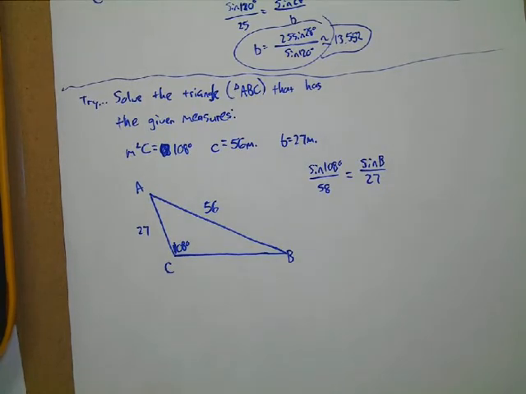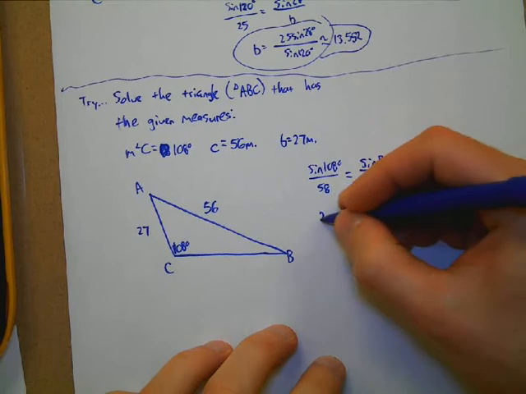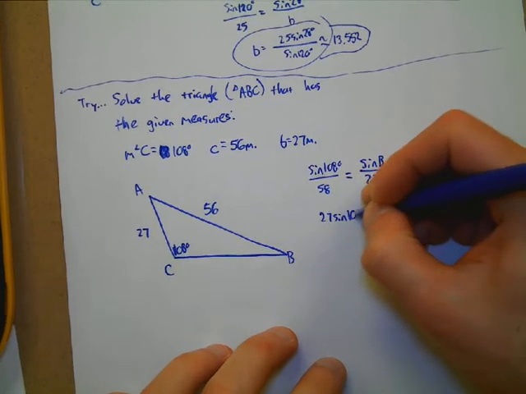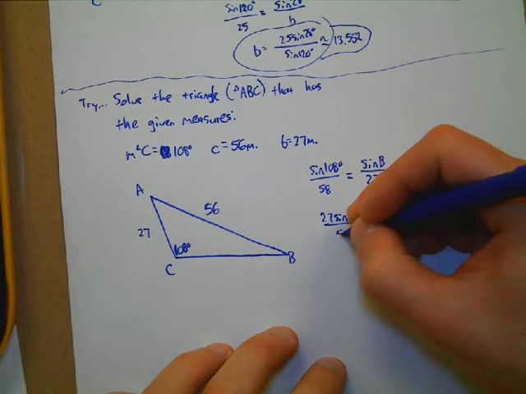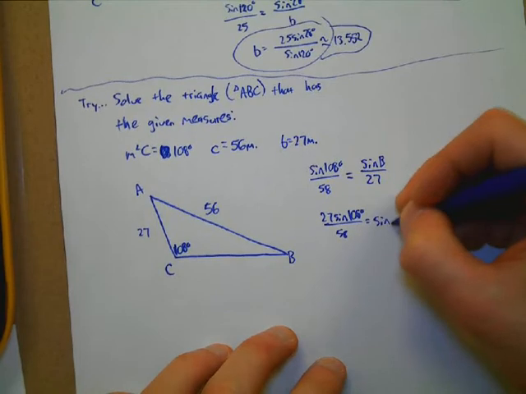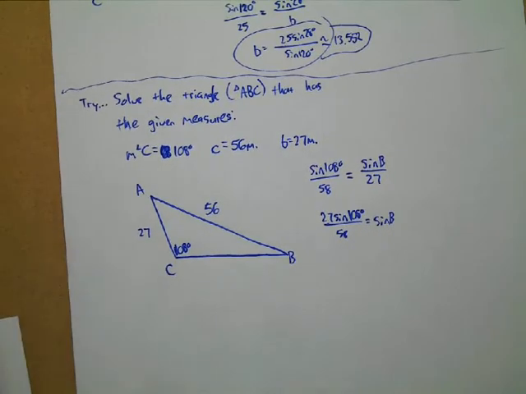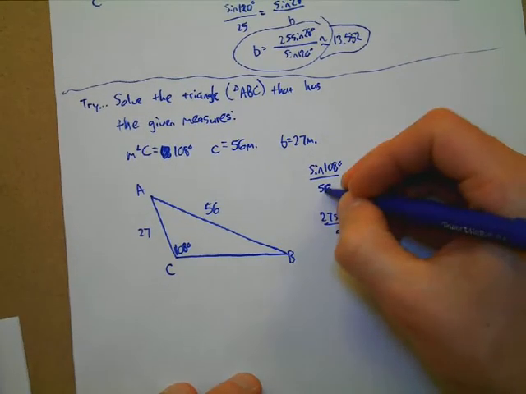Okay, so now we'll get a decimal here. So it's 27 sine of 108, close parenthesis, divided by 56. And we get approximately 0.459, and that's equal to the sine of b. And then how do we solve for just b here? What should we do?